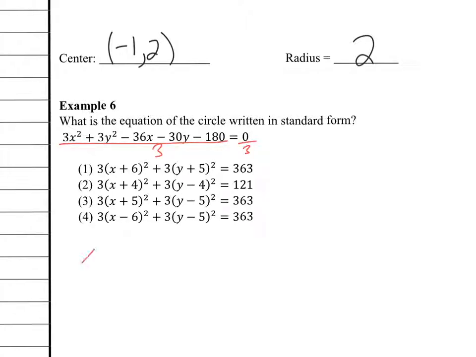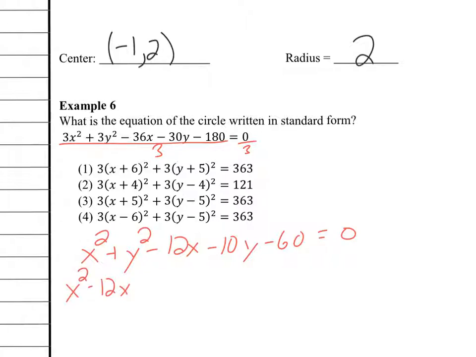So we get x squared plus y squared minus 12x minus 10y minus 60 is going to equal 0. Regrouping it, x squared minus 12x plus blank plus our y squared minus 10y plus blank equals 60 plus blank and blank.